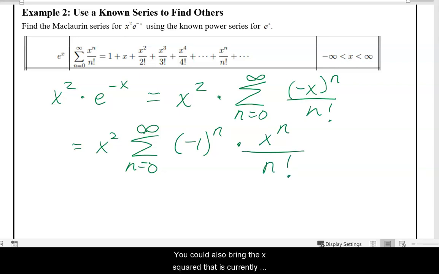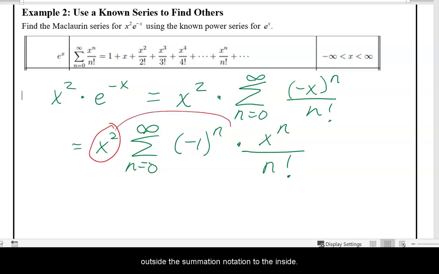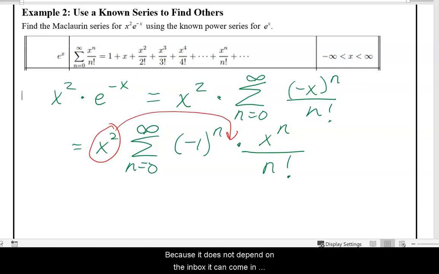You could also bring the x squared that is currently outside the summation notation to the inside. Because it does not depend on the index, it can come in and out at will. However, this factor, x to the nth power, does depend on n, so it cannot leave the summation.